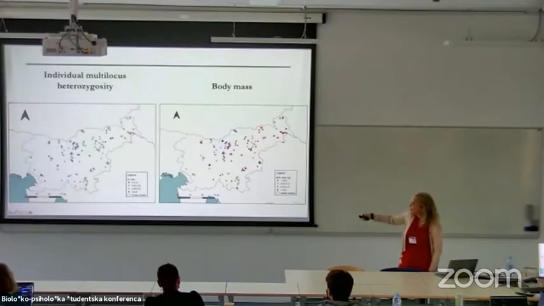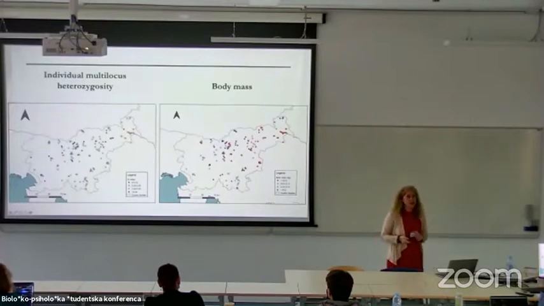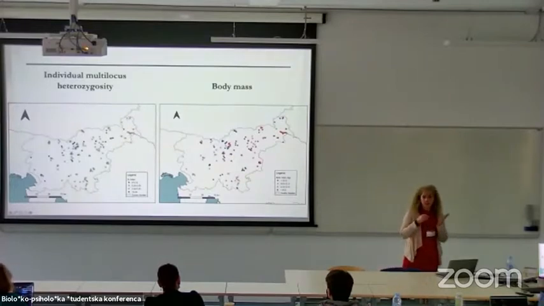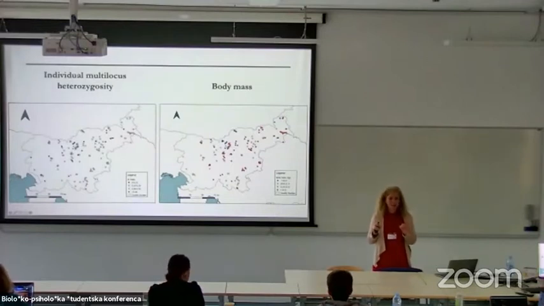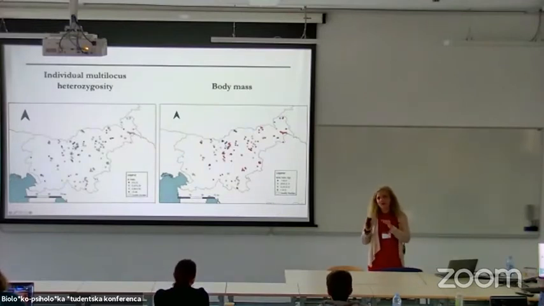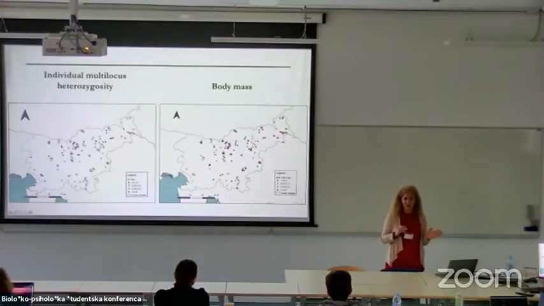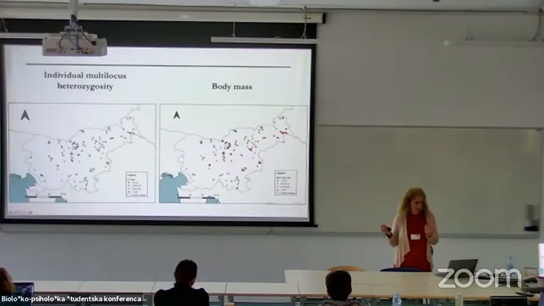So the individual multilocus heterozygosity, obviously in the Pannonian region, is a little bit higher. Not so much as we would expect, because probably the reproductive output does not depend only on neutral loci. It doesn't depend only on diversity. Probably there are other aspects which also influence body mass, like environmental variables.